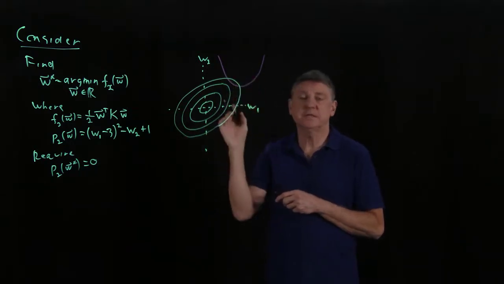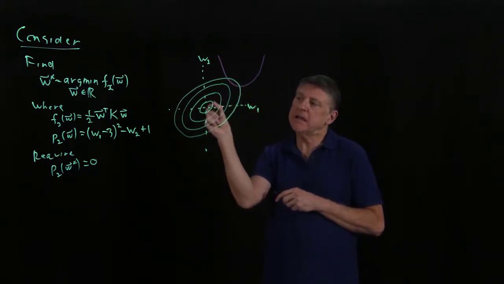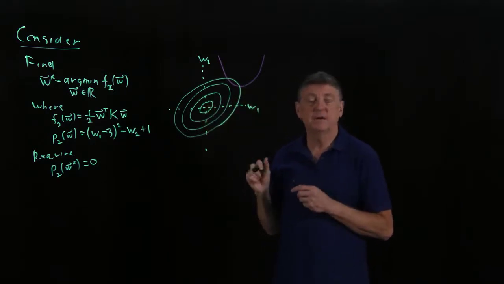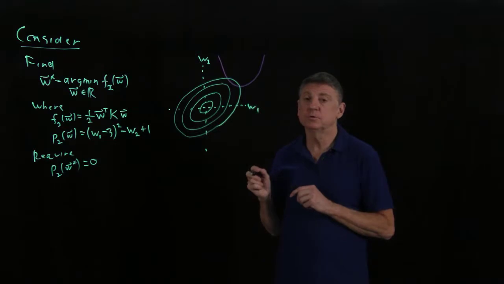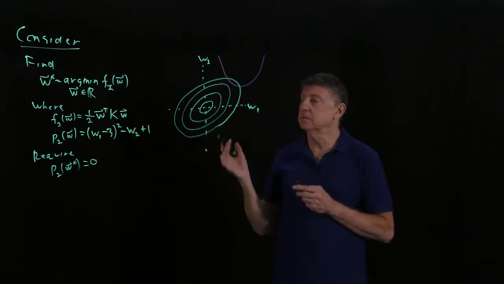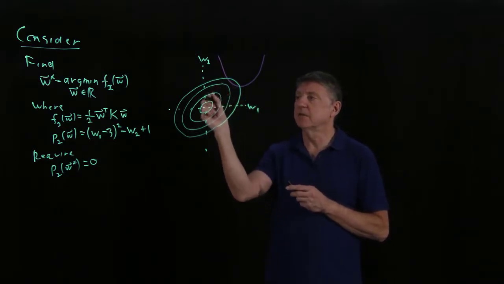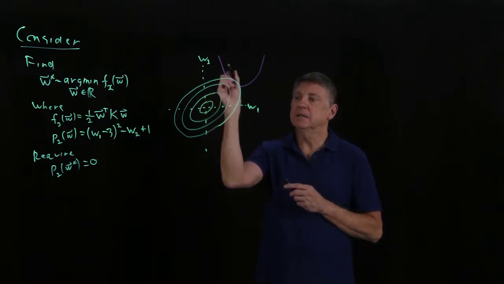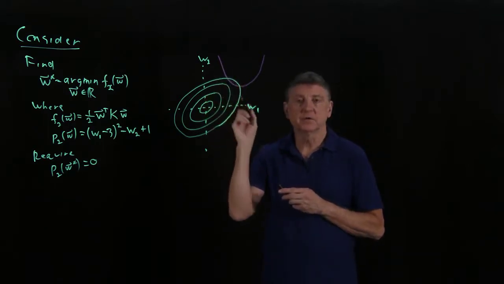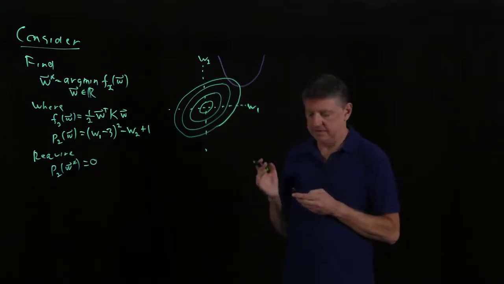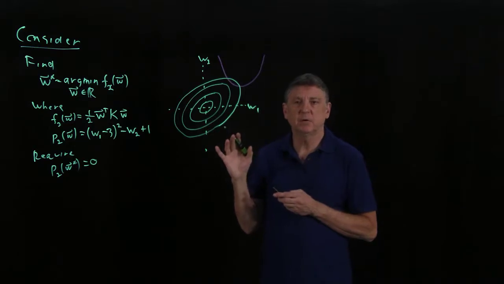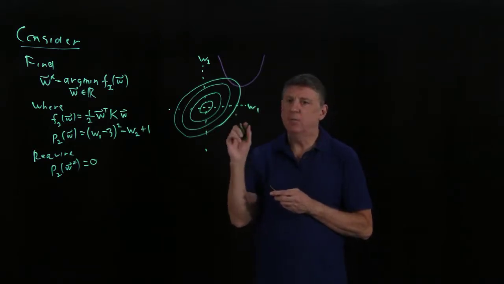And if we increase this, depending on exactly how this is tilted and exactly how this is placed, we could have 0, 1, 2, 3, or 4 solutions to the intersection of a level curve of the objective and the constraint curve. So our problem here is that we need to figure out what is happening when we have these.